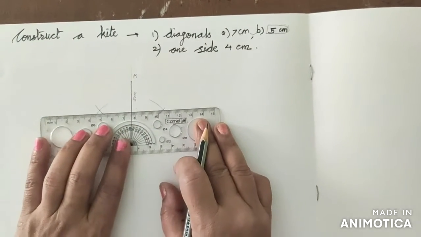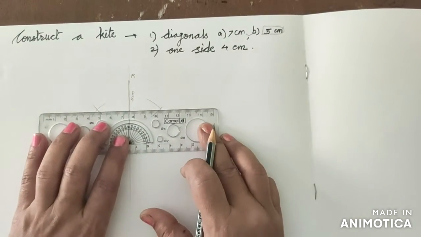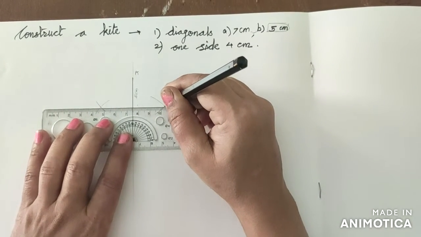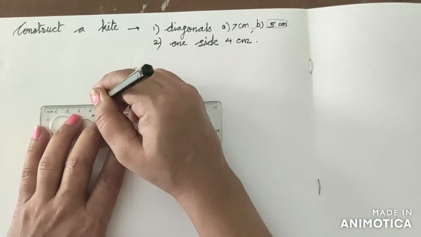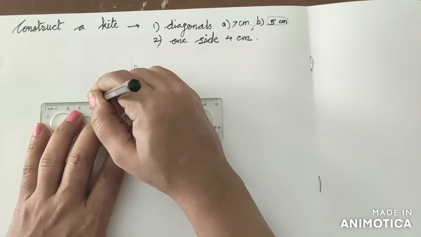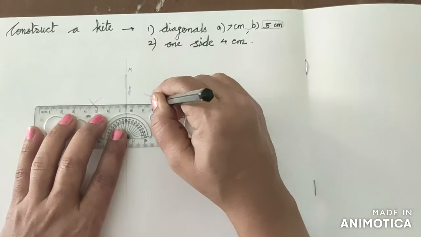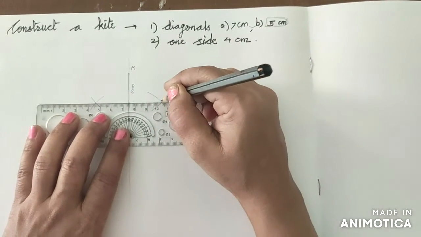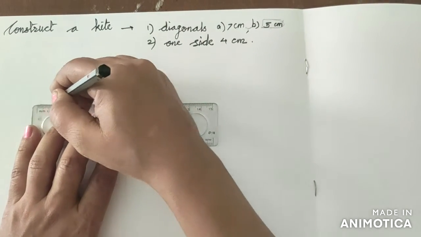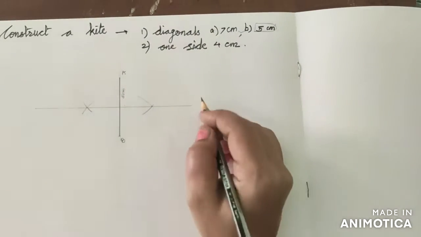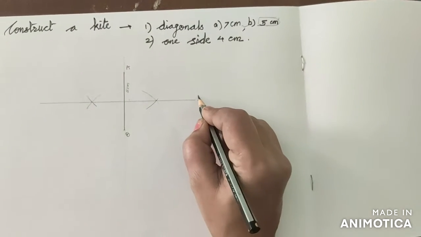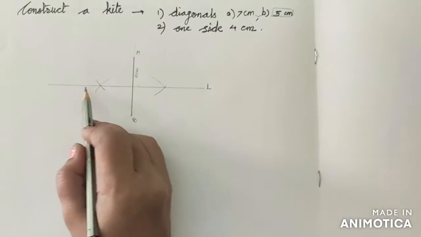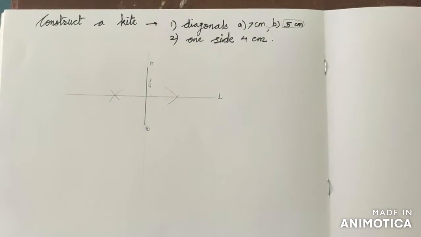So draw a line. Check the points first. Well, this is line L. Consider it as L because we have to take 7 centimeter here.